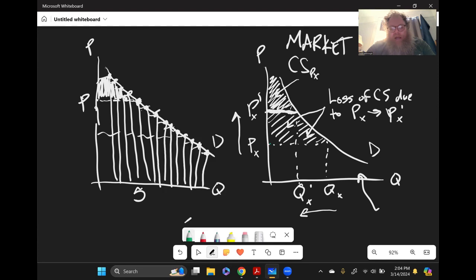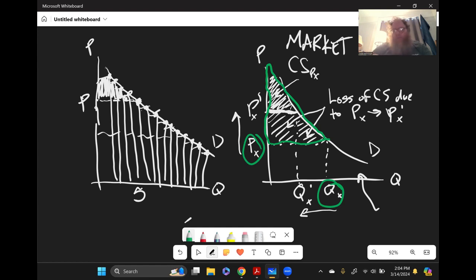At the original price, consumer surplus would have been roughly that triangle there. That would have been what consumer surplus was at PX. So at PX, the green triangle represents roughly what consumer surplus would have been at that particular price, and so not just at that particular price, but at that particular level of the product being consumed.